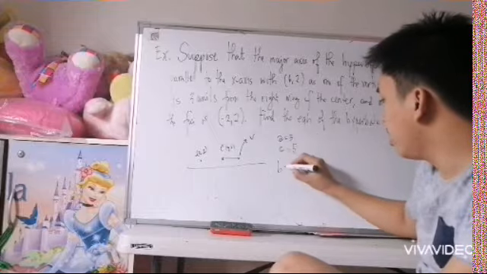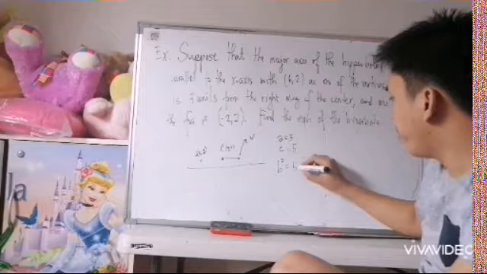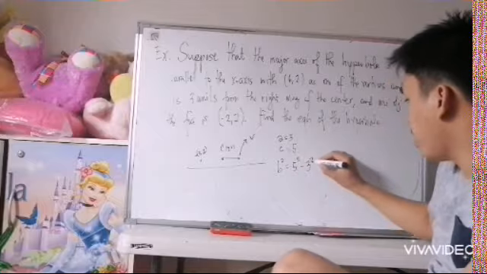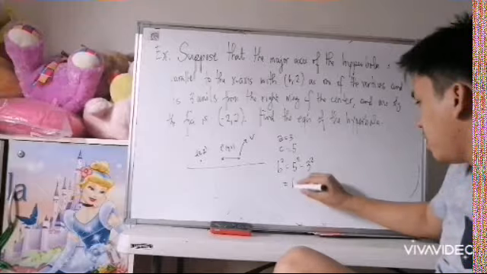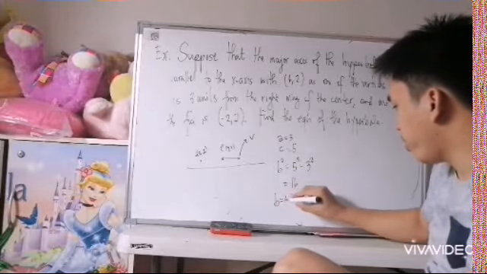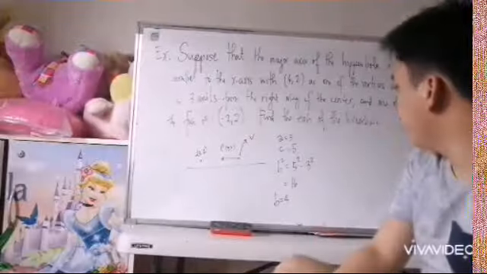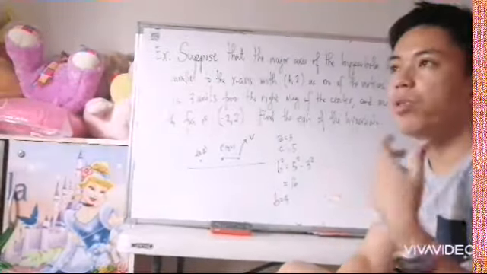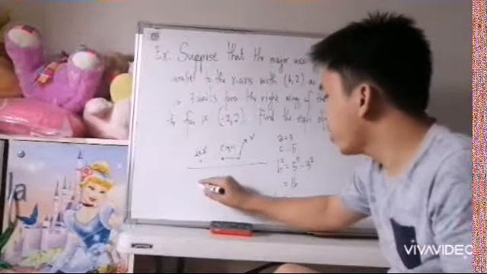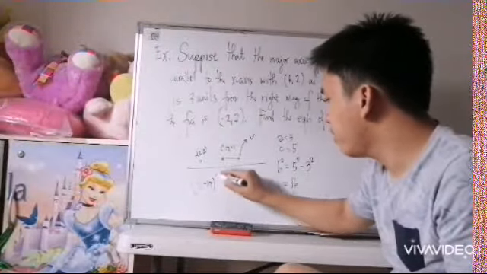Therefore my B squared is 5 squared minus 3 squared, so that's 25 minus 9, that's 16. Therefore, B is 4. And since this is oriented horizontal, the equation that I will be following is this.